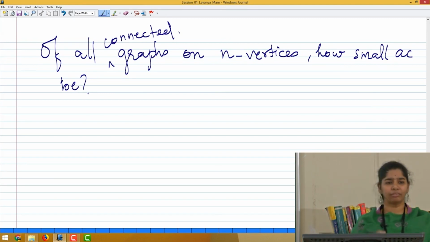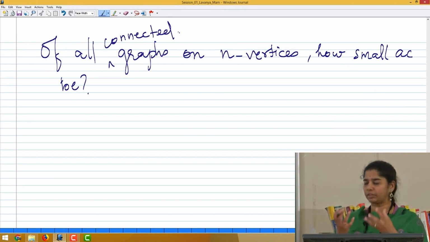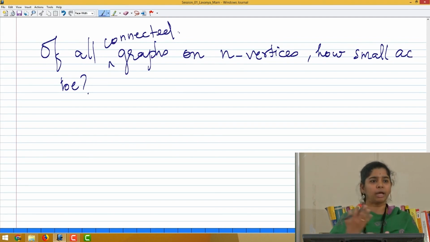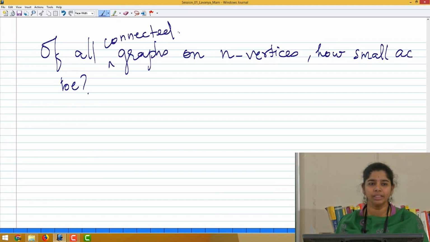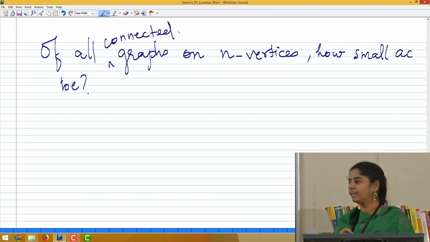These kinds of questions are what we usually ask when we study spectral graph theory, and we try to design the structure. We have to decide about the structure of the graph from the spectral values, so answering such questions will give us the lead. So, what do you expect? Which graph should have the least algebraic connectivity? Intuitively, if you had done the exercise that I gave you, you would have given me the answer immediately.